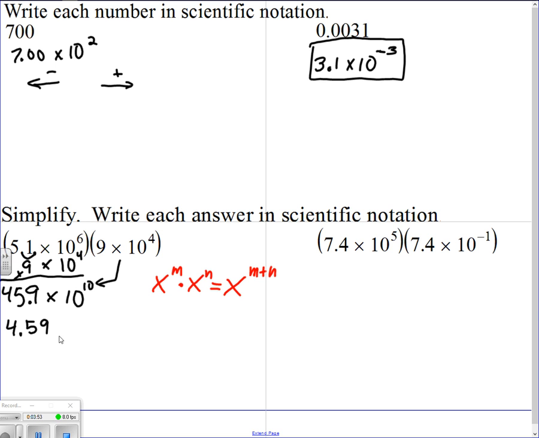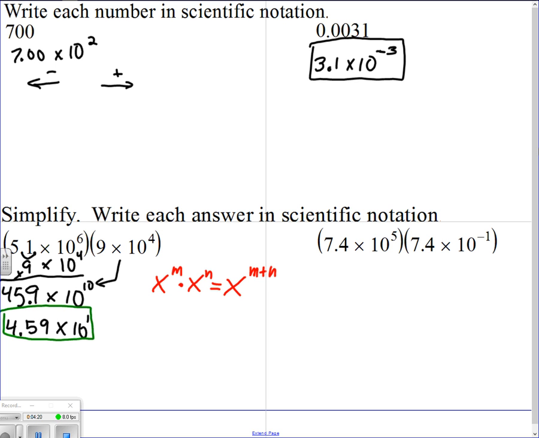So the answer will be 4.59 times... okay, now to make this number become the number, I'm going to move one place to the right, so that is times 10 to the 1. Now, very, very important, all this right here is just that number. Now what I'm missing is times 10 to the 10th.